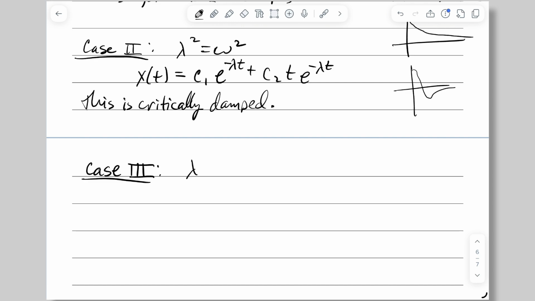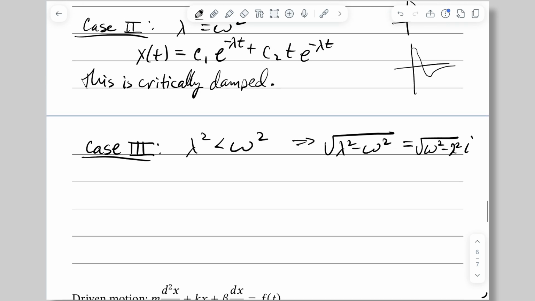In case 3, we have lambda squared is less than omega squared. In that case, the square root of lambda squared minus omega squared is imaginary, and so we're going to write that as the square root of omega squared minus lambda squared times i.